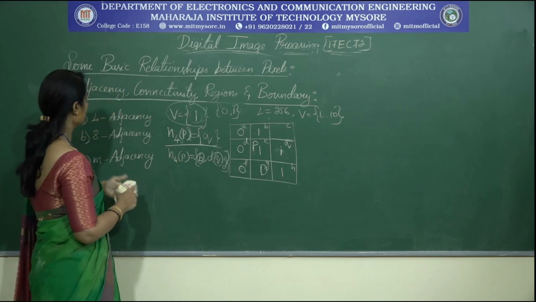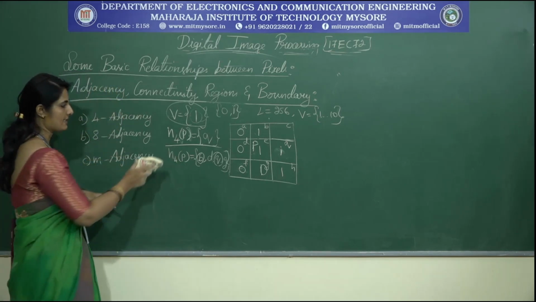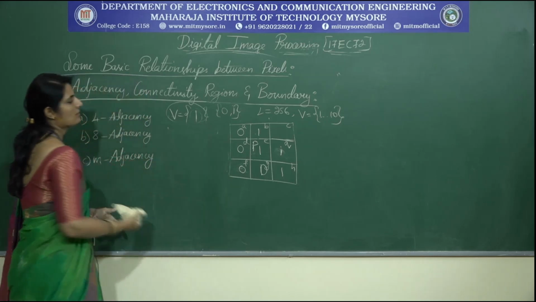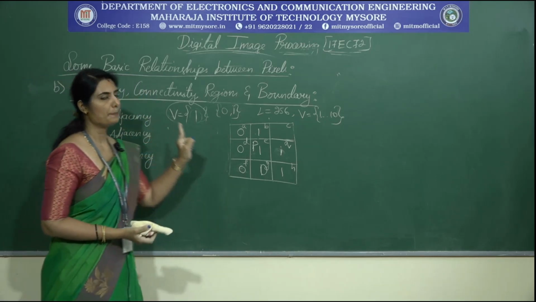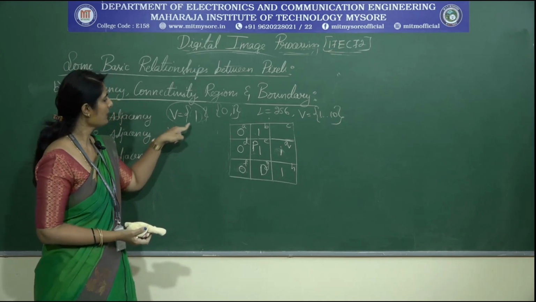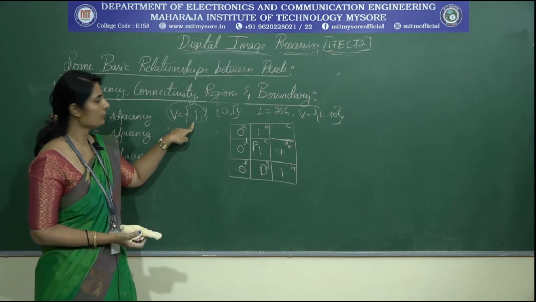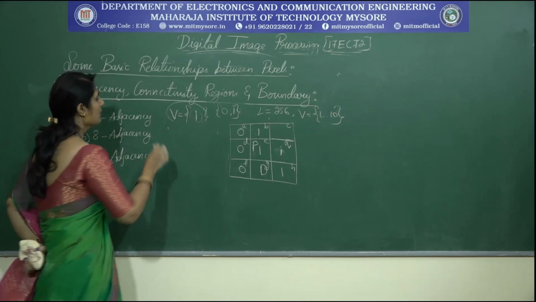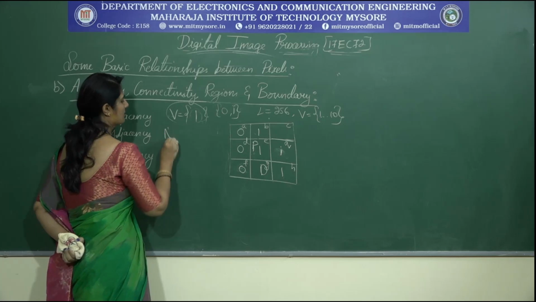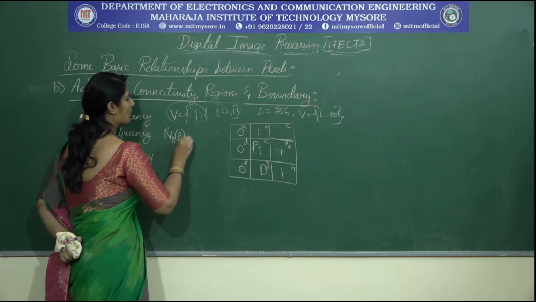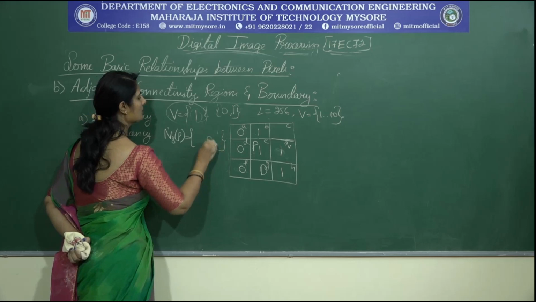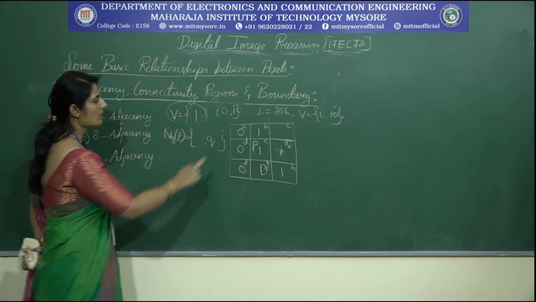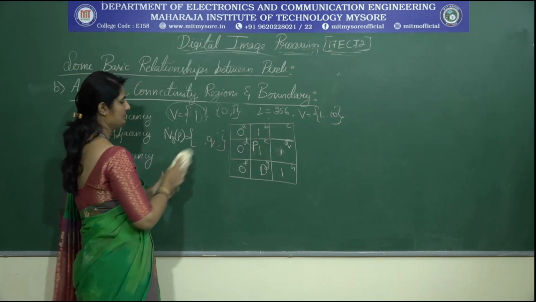So, now next, in order to illustrate 8 adjacency, the first condition is that P and Q should be having the value of this subset V, and the second condition is that Q should present in the set of 8 neighbor of P, okay. So, what are all the 8 neighbors of P here?